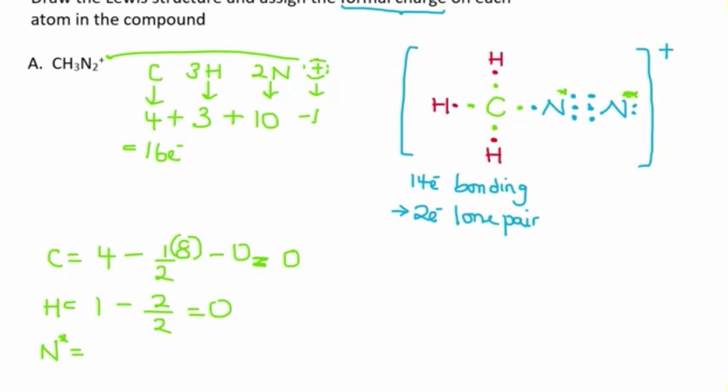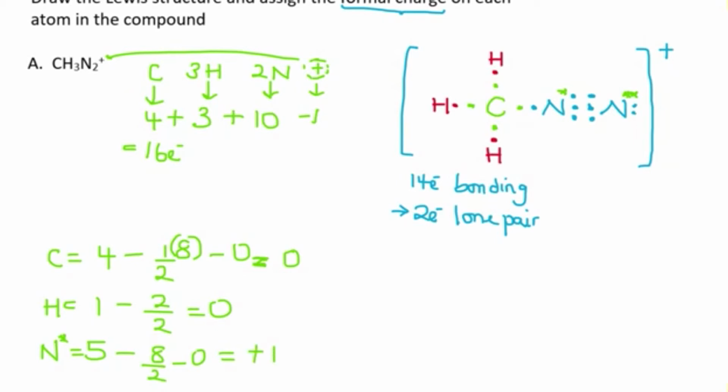That is much better. So for the formal charge on the first nitrogen, we have 5 valence electrons, subtract the total bonding of 8 electrons divided by 2, with no lone pair. That gives us a total of +1.